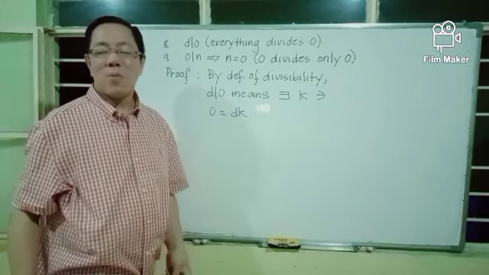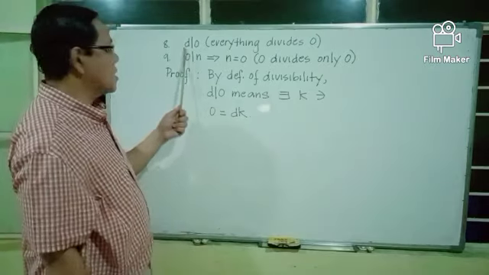Again, we always start with the premise or the given that d divides 0.